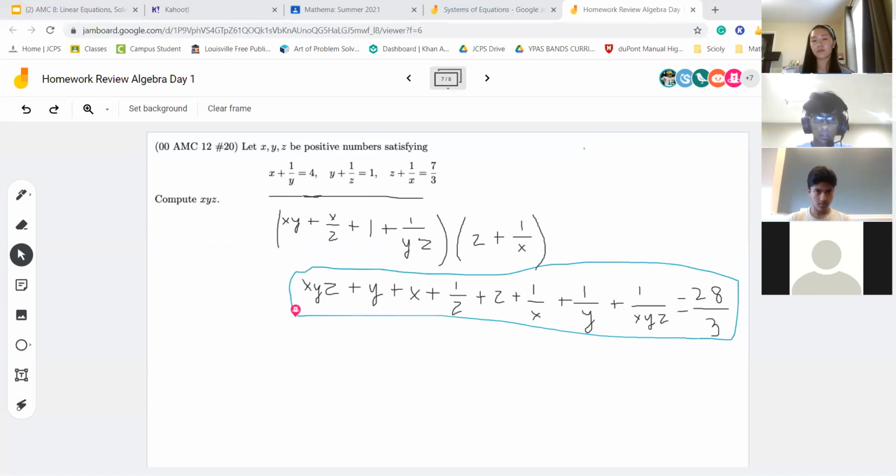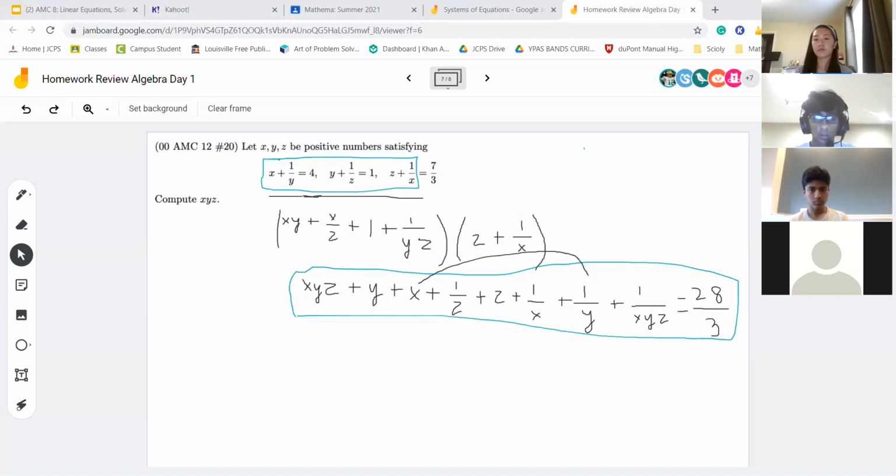All right. And from there, you can see the problem statement gives you some of these terms. For example, I see x plus 1 over y, which is equal to 4 because that's what it says in the problem.